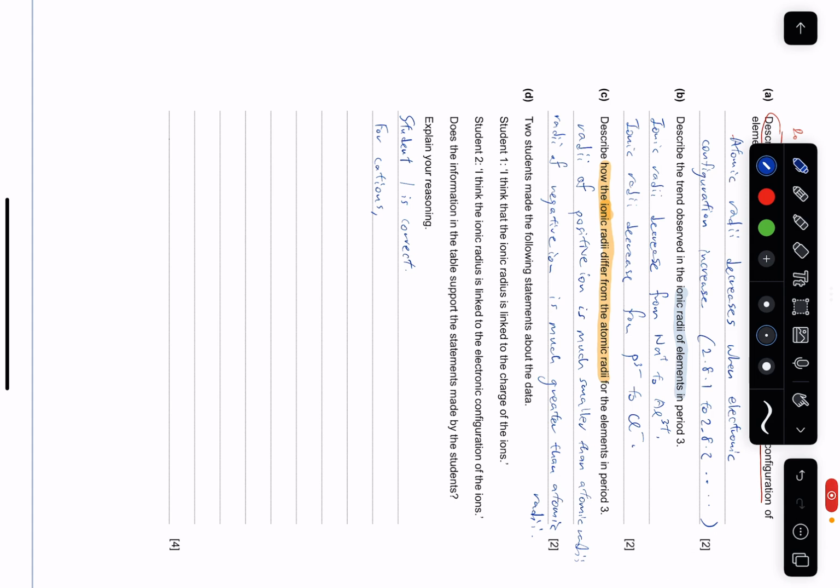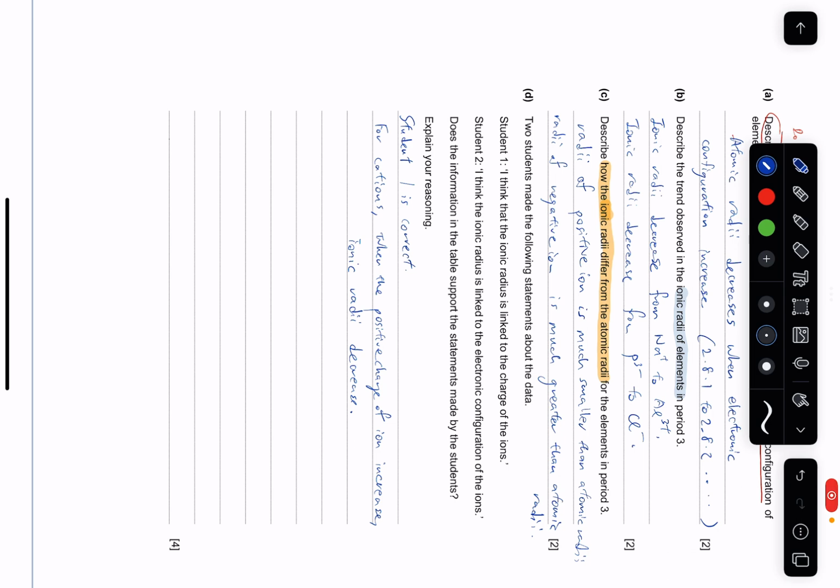So for cations, when the positive charge of ion increase, we realize that ionic radii will decrease. Just now we saw it already, right?